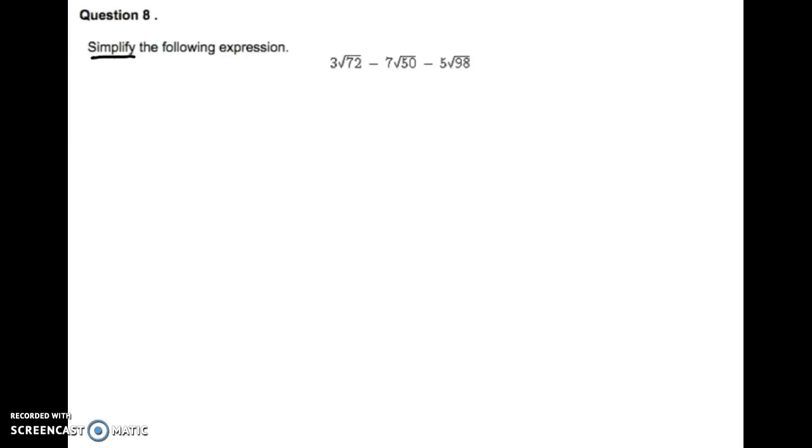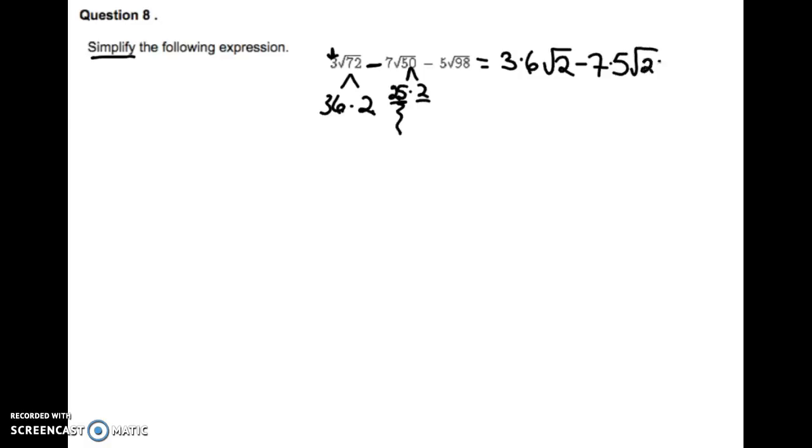We're asked to simplify this expression, and again, because it's subtraction, we're going to have to break down each radical sign. So 72, I'm going to treat that like 36 times 2. So there is this 3 out front. The square root of 36 is 6. Keep the square root of 2. I'm going to bring over the minus 7. 50 breaks up into 25 times 2. Square root of 25 is 5. And 2 is prime, so that's going to stay in our radical.